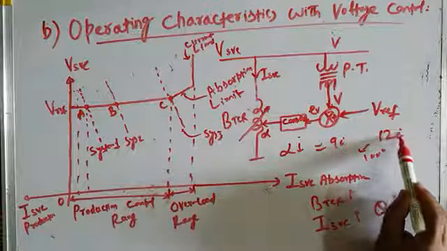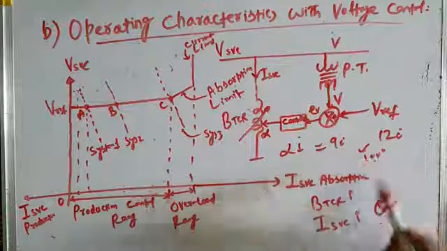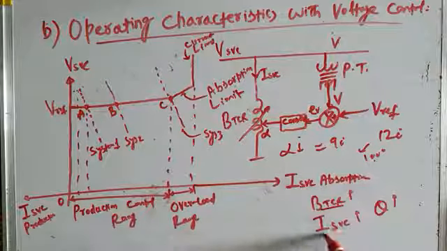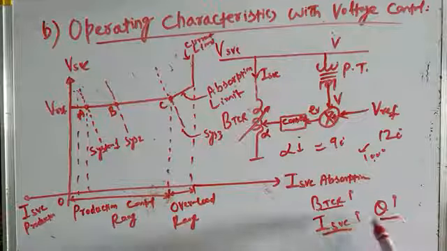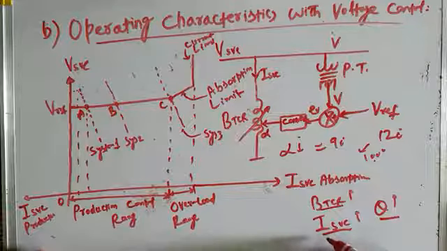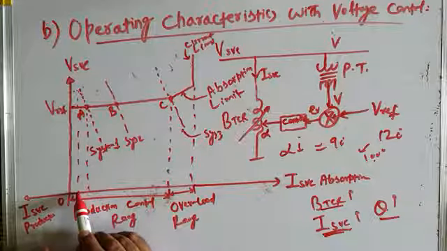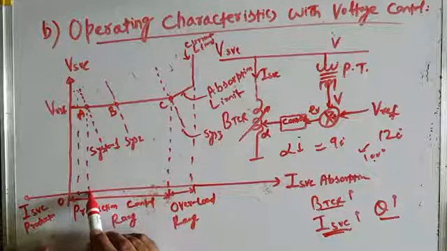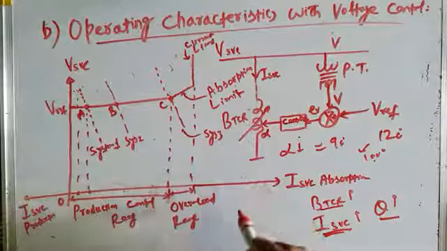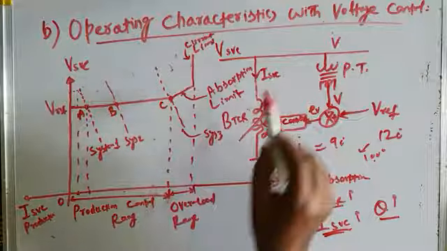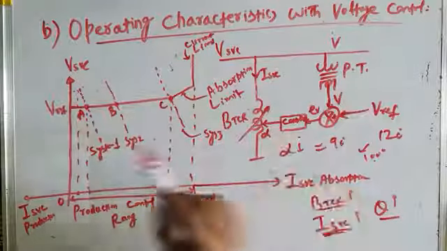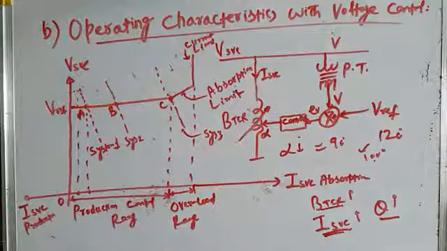For example, it drops it from 120 degrees to 100 degrees, so that TCR susceptance increases, ISVC increases, Q increases, absorbed reactive power increases. So you can very clearly see it increases from this value to this value. So your TCR draws more current, it absorbs more reactive power in such a way that V is equal to Vref and the operating point is A.